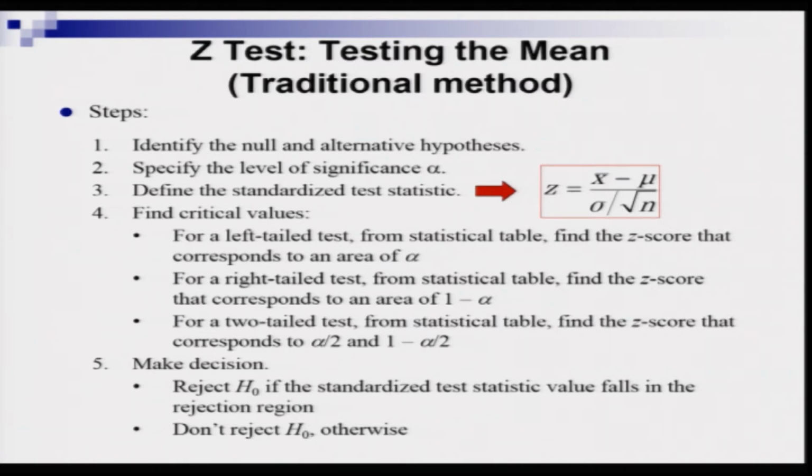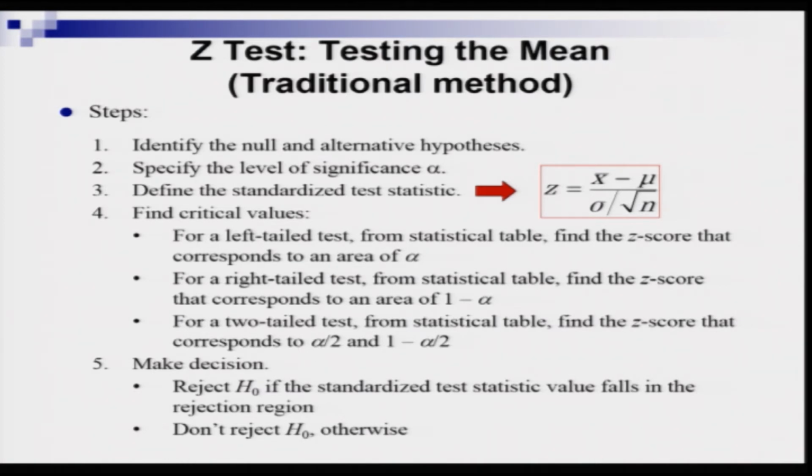We are basically computing the standardized test statistic, and then we see whether the standardized test statistic actually falls in the rejection region or not. If it falls in the rejection region, then we say that we reject the null hypothesis. So, how do I define my rejection region? That is basically the question that must be answered, and the critical values actually help us in finding the answer.